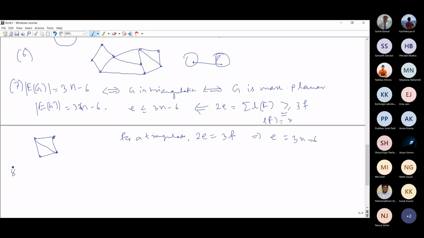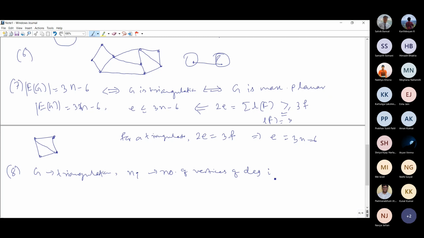Another one, then next the problem number 8. Here it is given that G is a triangulation, meaning the length of every face is equal to 3. And Ni is the number of vertices of degree i in the graph.